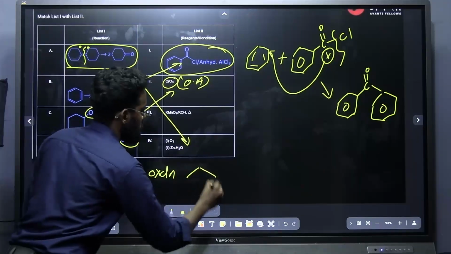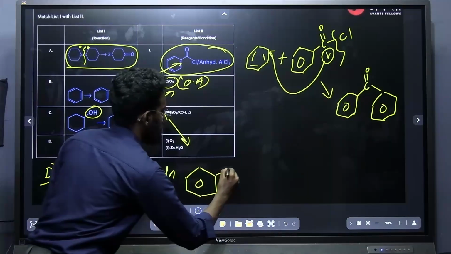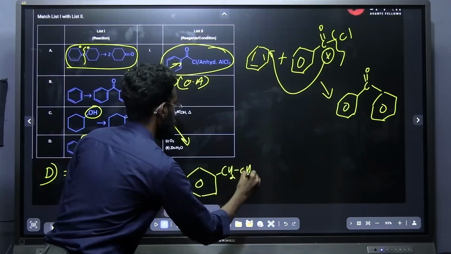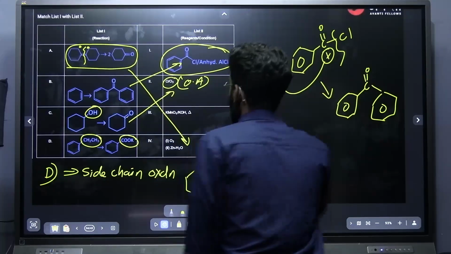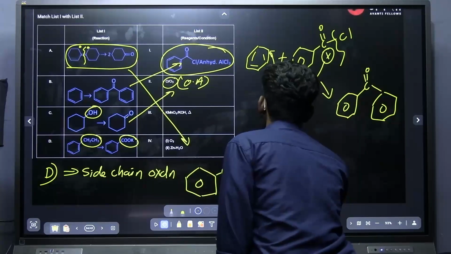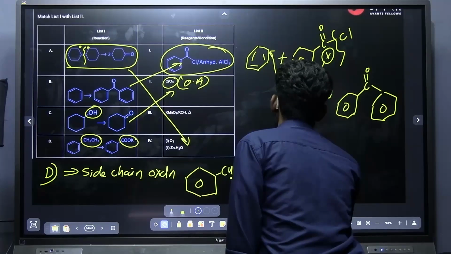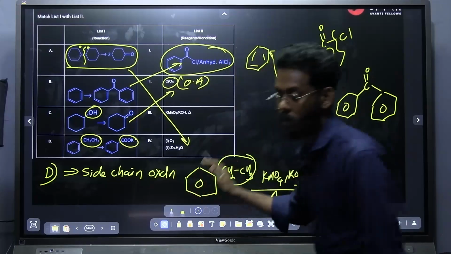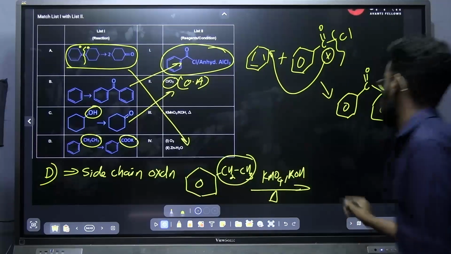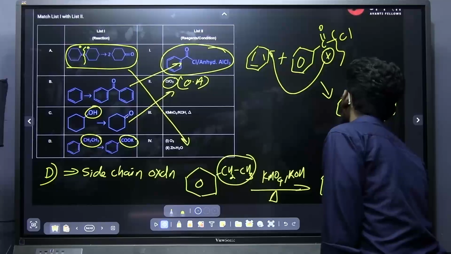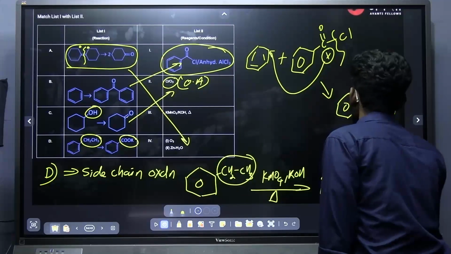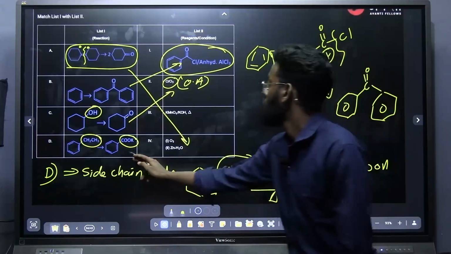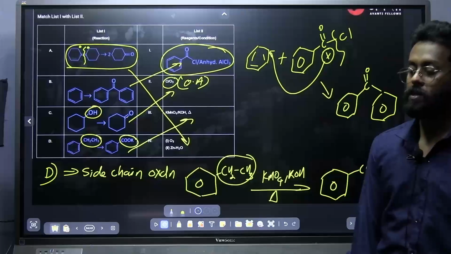In side chain oxidation, if benzene has a side chain, CH2CH3, in the presence of hot alkaline KMnO4 at very high temperature, whatever the side chain present on the benzene, it will be converted to an acid group. So this is all about this question.